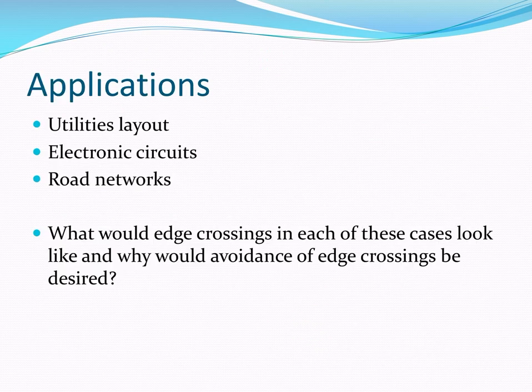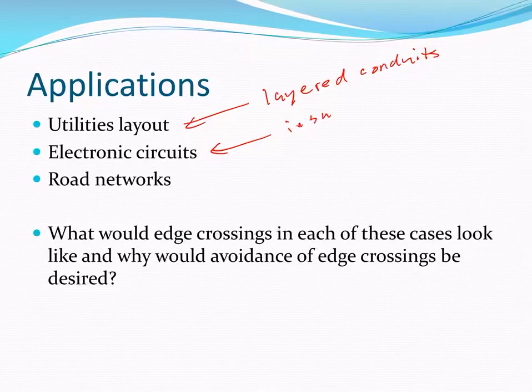What are some of the applications? Well, we got a little feel for that with that first slide on utilities, and we might want to avoid layered conduits or something like that, or pipes. If you have edge crossings in electronic circuits, that could require insulation, and may have some reliability concerns, so you may want to avoid edge crossings in a circuit.